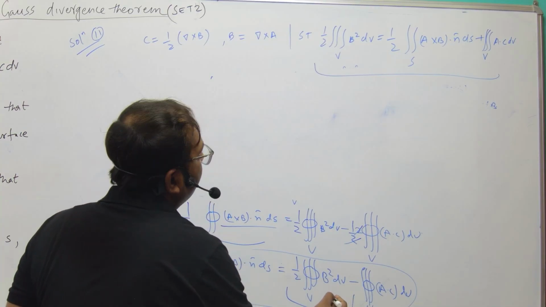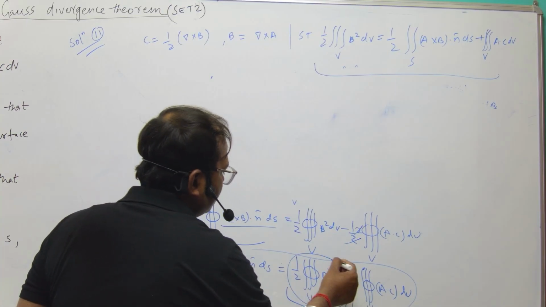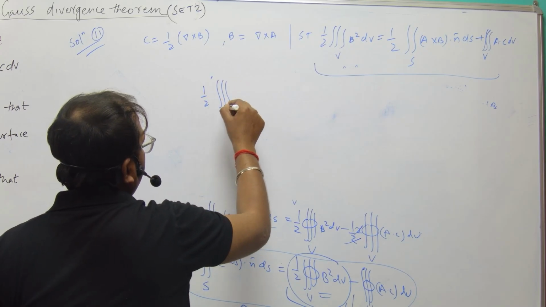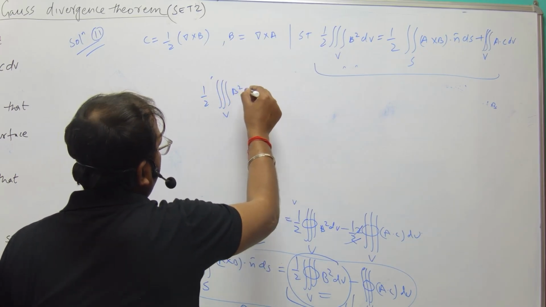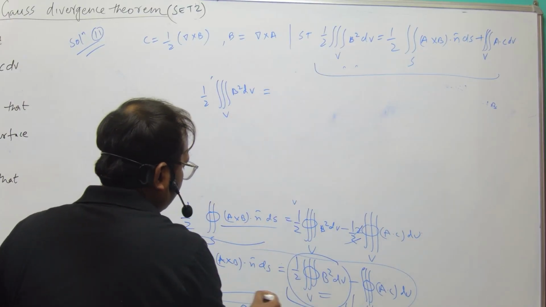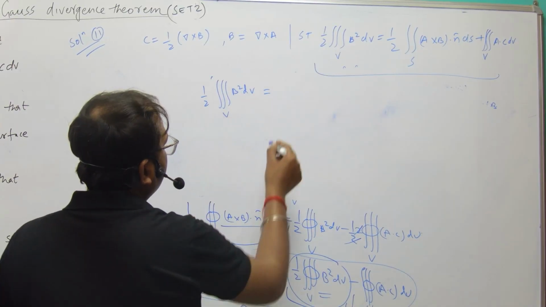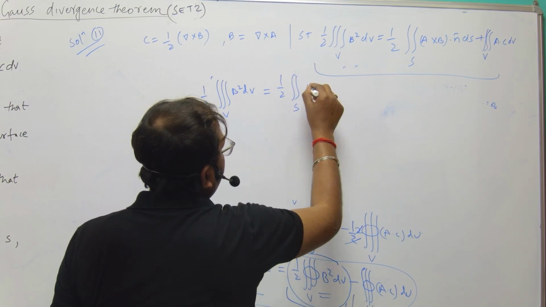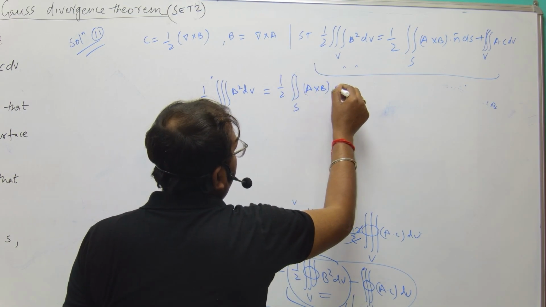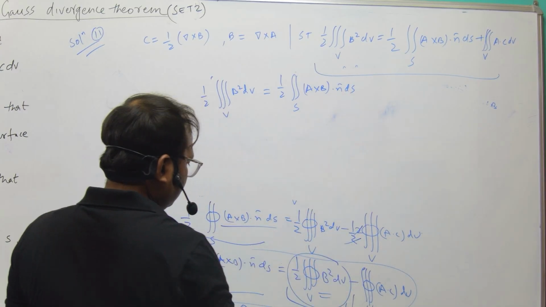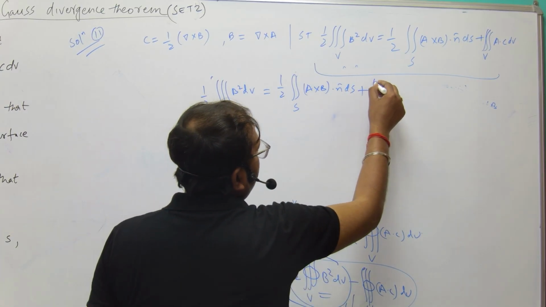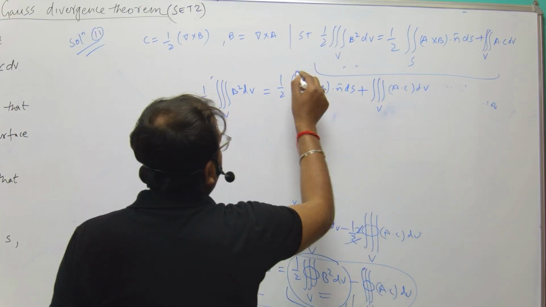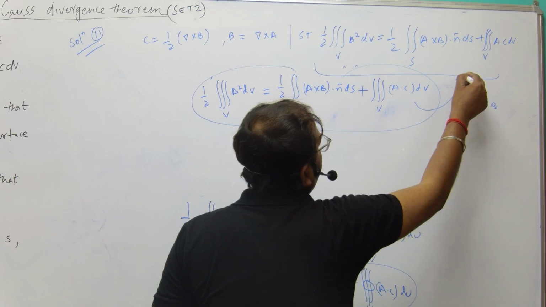So from here, half of triple integration B square dV is equal to half of surface integral A cross B dot n cap into dS plus volume integral A dot C into dV. So this is similar to what we have to prove in this question.